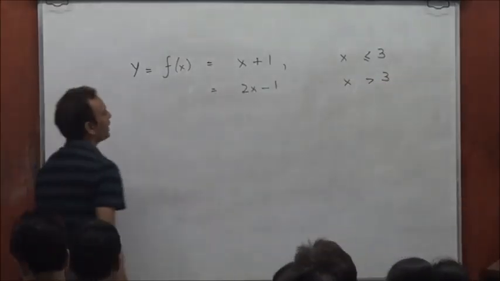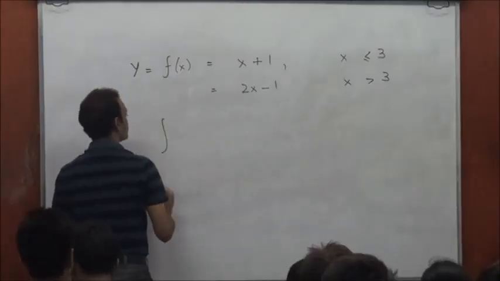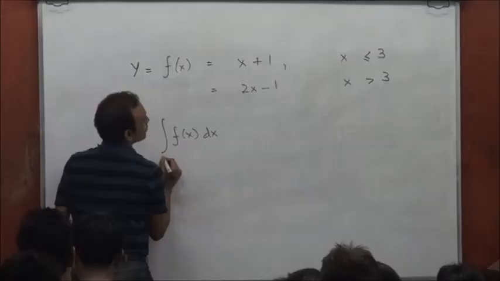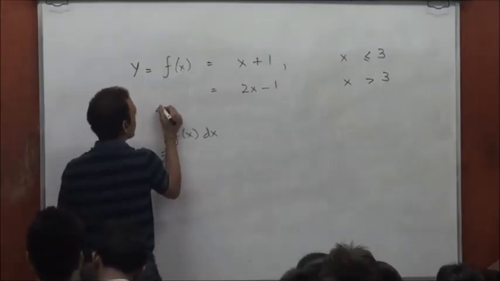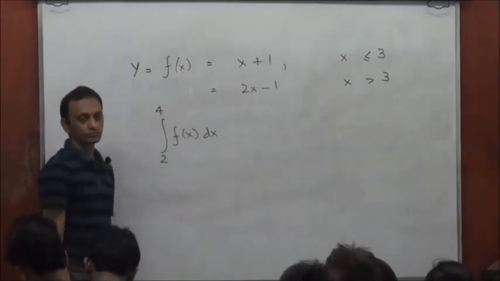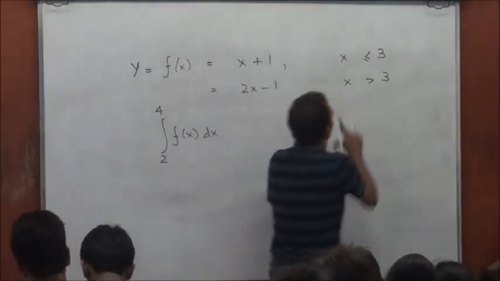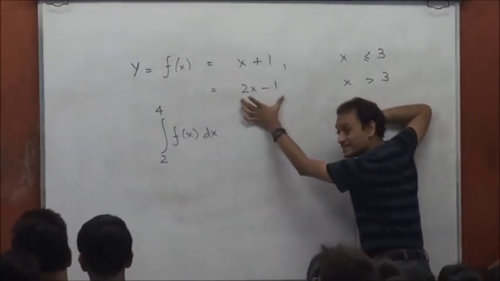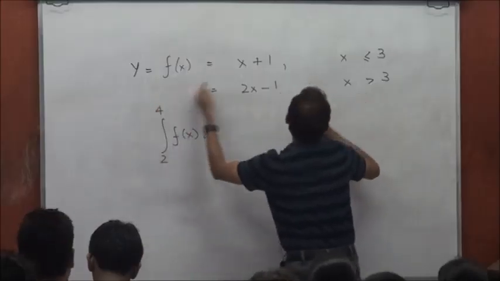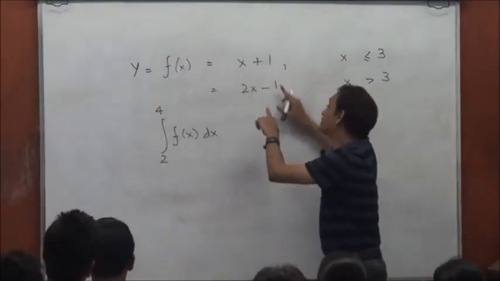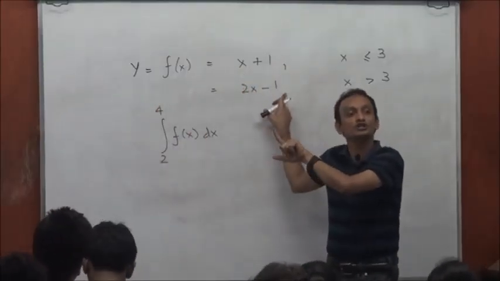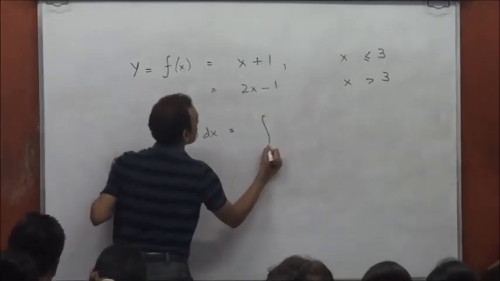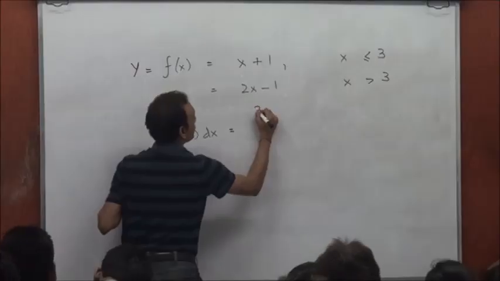And I want to calculate integral f(x) dx from 2 to 4. Now, from 2 to 3 the behavior is like this, and then from 3 to 4 the behavior is like this. So from 2 to 3, I will use this as the description. From 3 to 4, I will use this as the description. Yes or no?